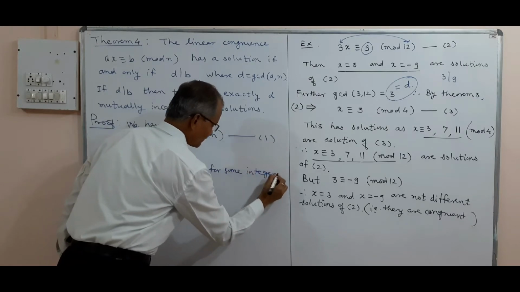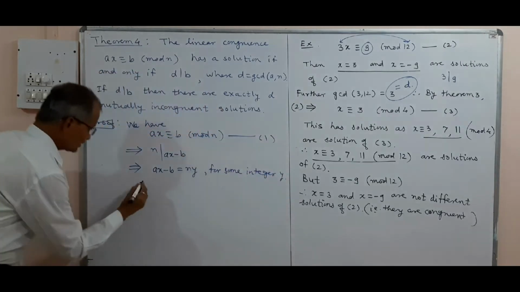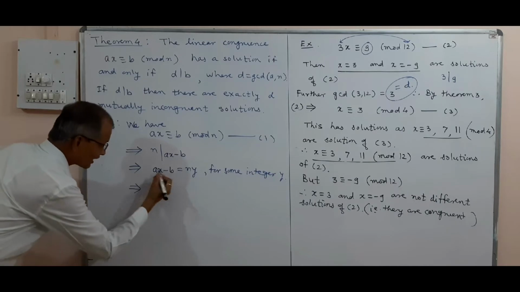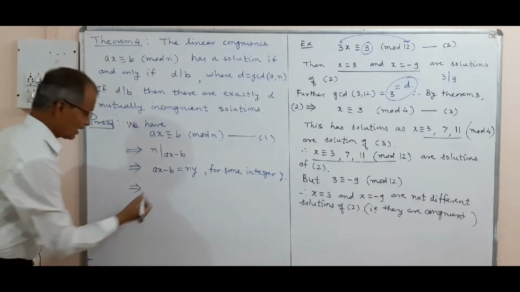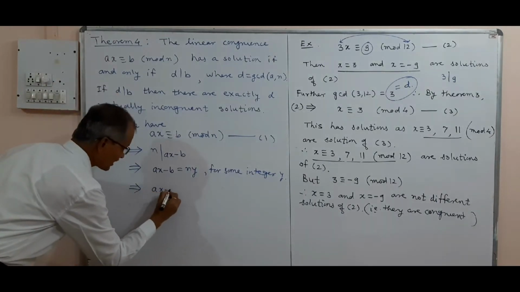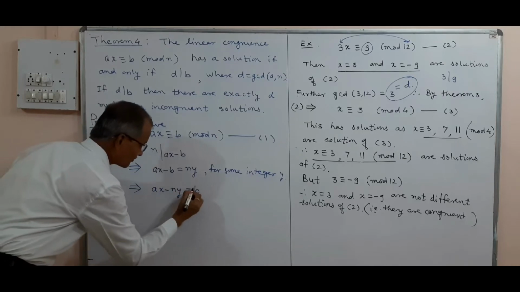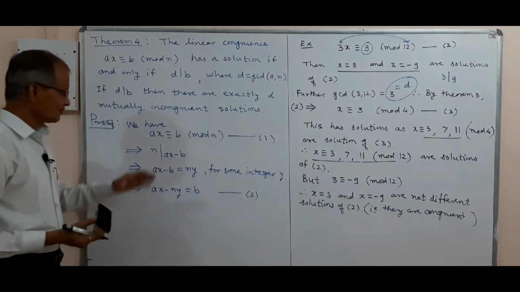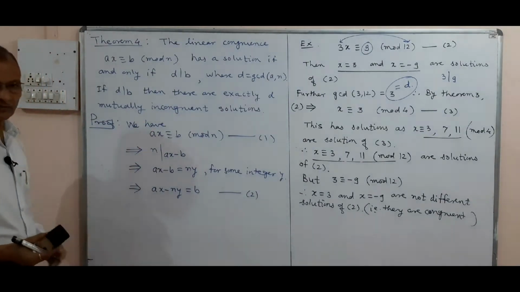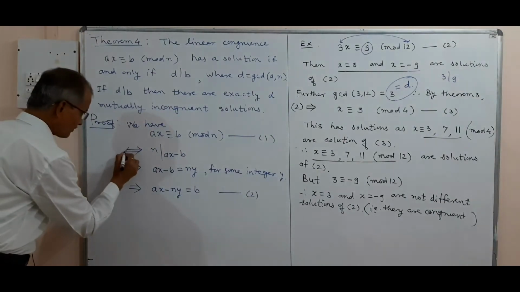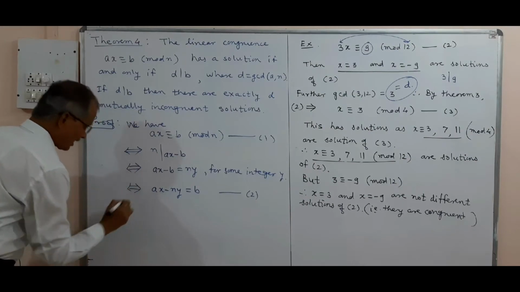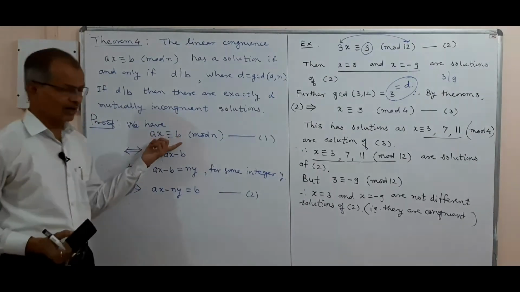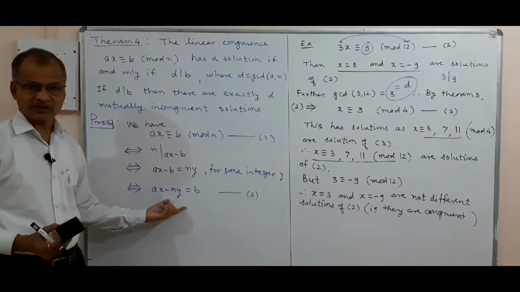And further, this implies Ax minus ny is equal to B. We call this 2. So 1 implies 2 and 2 implies 1, a double implication, and therefore the congruence 1 is equivalent to equation 2.